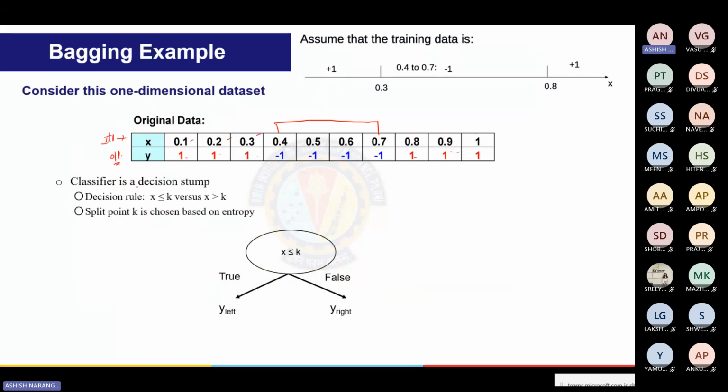So the classifier is a decision rule. The decision rule says if x is less than k versus x greater than k: x is less than or equal to 0.3, and x is greater than, let's say, or equal to 0.8. The split point k is chosen based on the entropy.